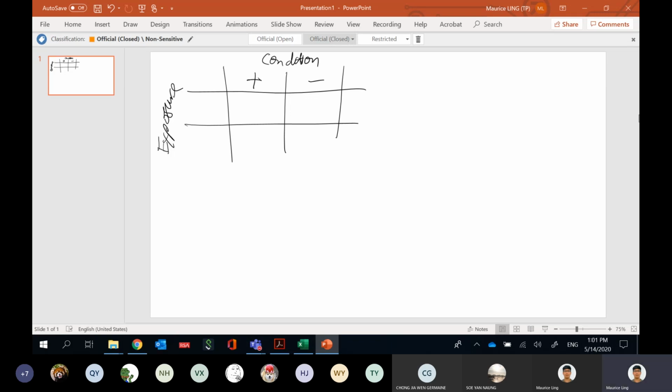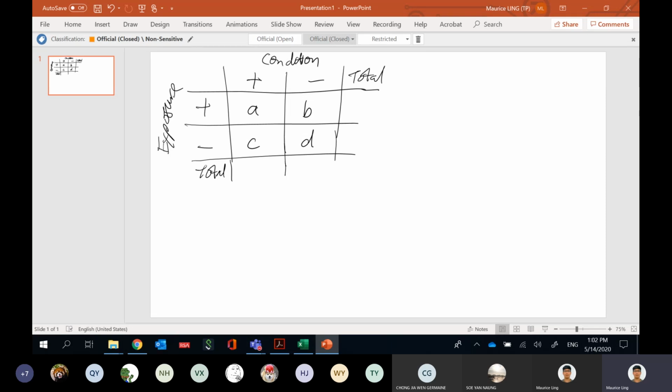Can all of you hear what I'm saying? Yes, okay, good. Because I have no idea who is who. So exposure will be yes and no. So this is the result. Then we have the total here and the total here. So essentially we label this as A, B, C, and D.